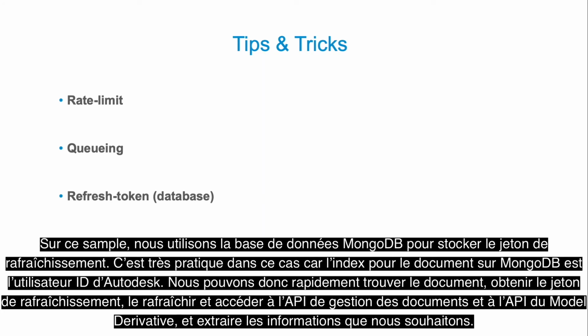On this sample, to store the refresh token, we use a MongoDB database, and it's very convenient in this case because the index for the document on the MongoDB is the user ID from Autodesk. So we can quickly find the document, get the refresh token, refresh it, and gain access to the document management API, to the model derivative API, and extract the information we want.